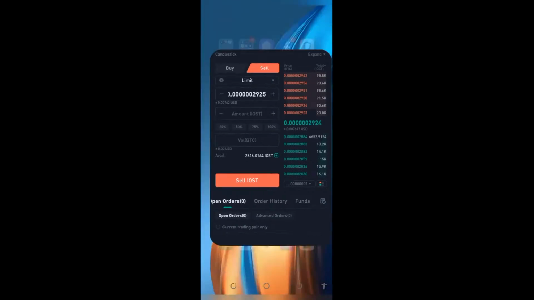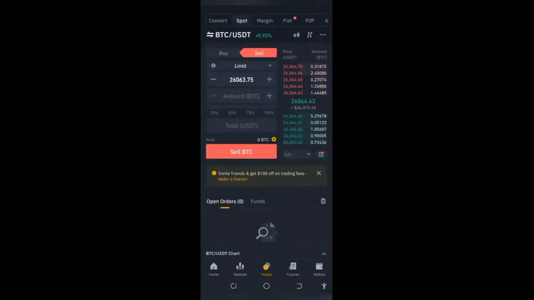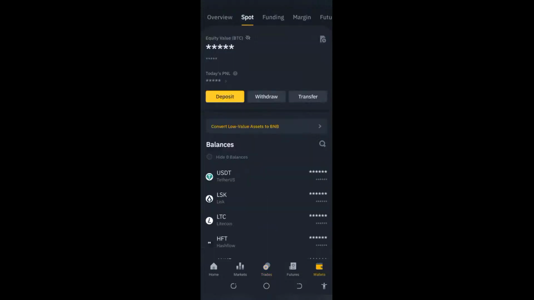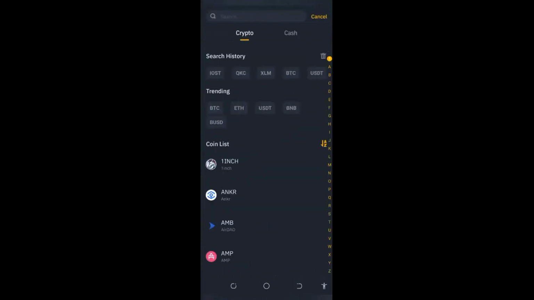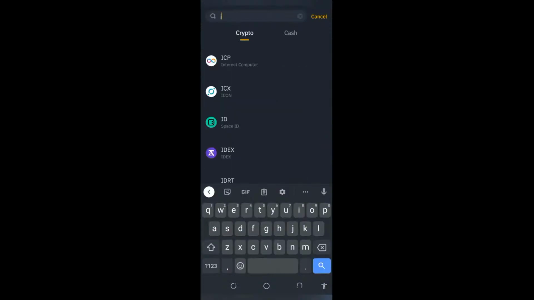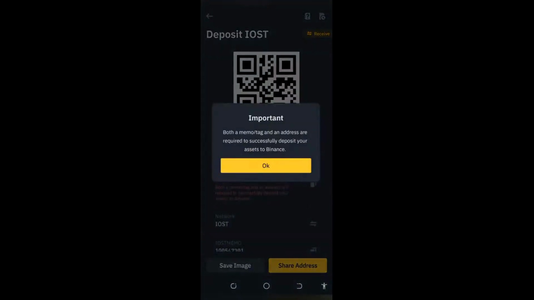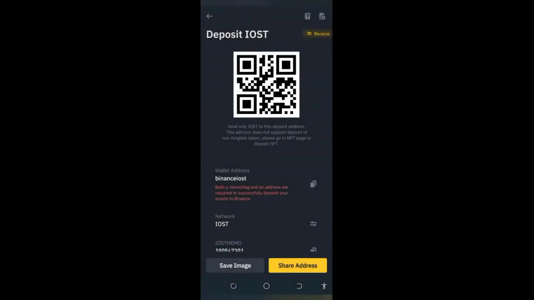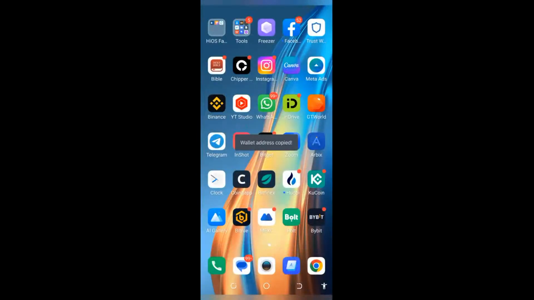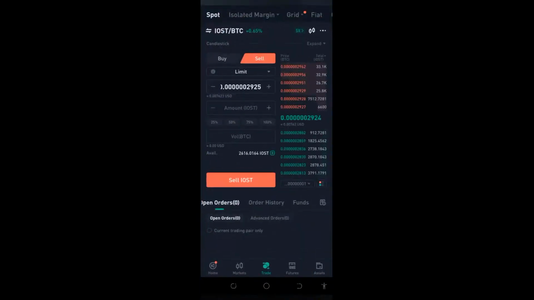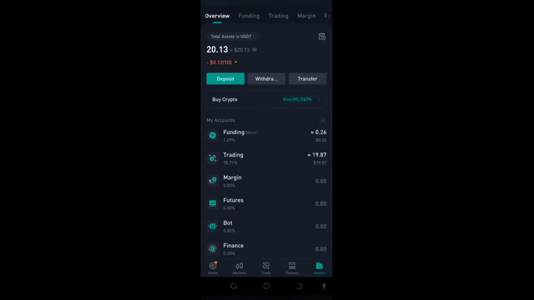So going to Binance, we need to pick our deposit address. So let's pick the deposit address. That is supposed to be IOST. And then we click on IOST. It says both the memo and the tag. So let's click on this. We copy that. And then we quickly go over to our KuCoin where we are going to withdraw.